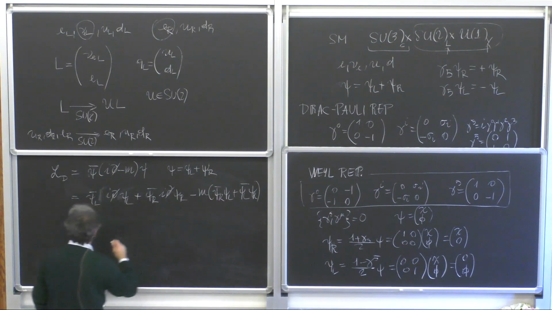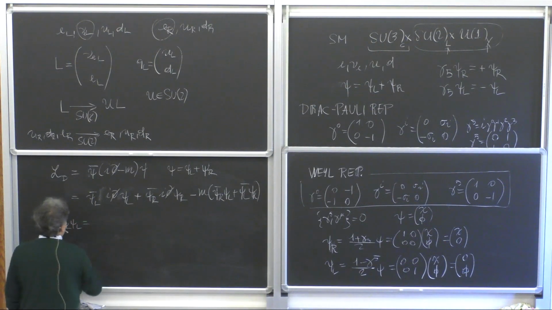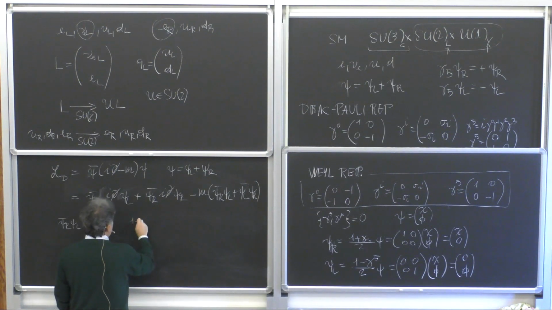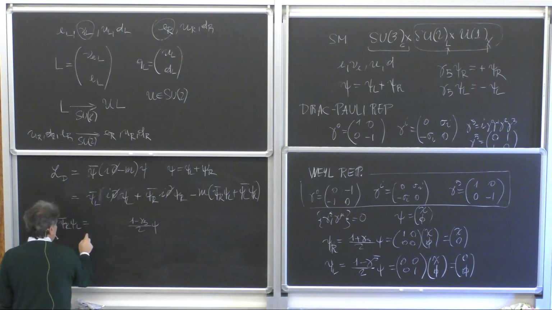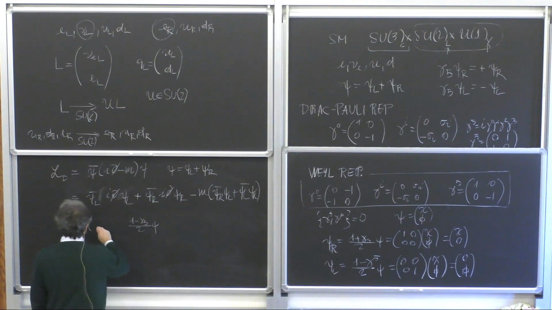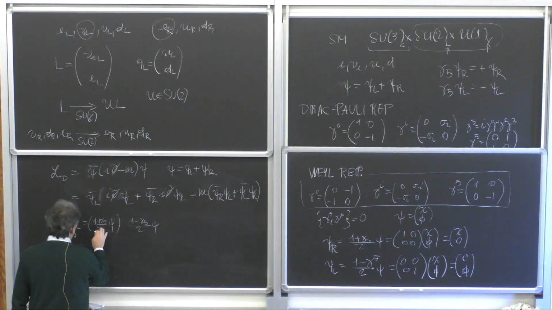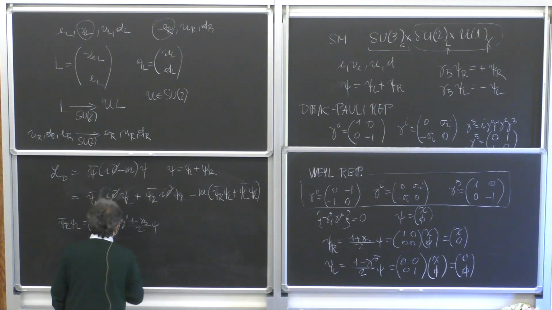Let's take this term, psi bar R psi L. Psi L is 1 minus gamma 5 divided by 2 psi, and psi bar L is 1 plus gamma 5 divided by 2 psi, this would be psi bar R psi L, complex conjugate, gamma 0.